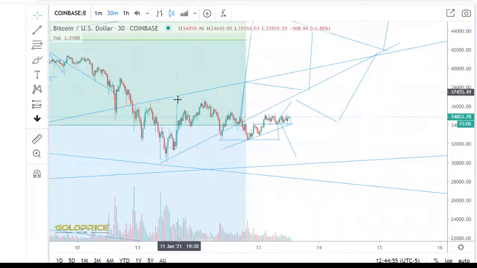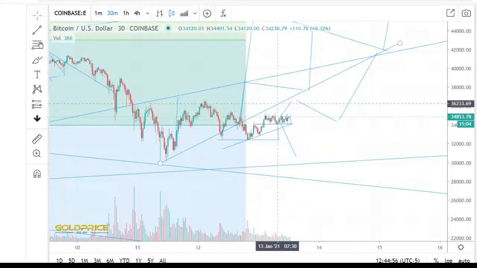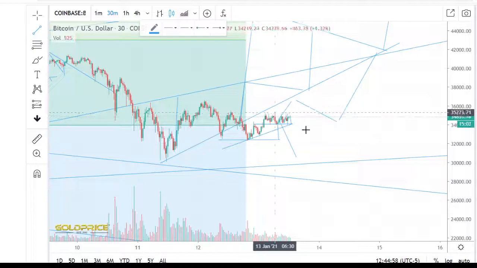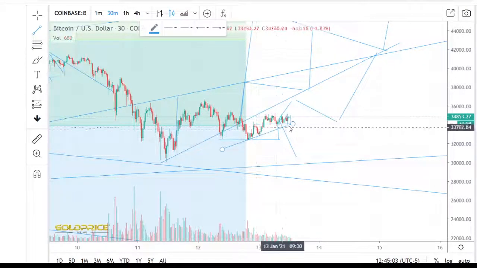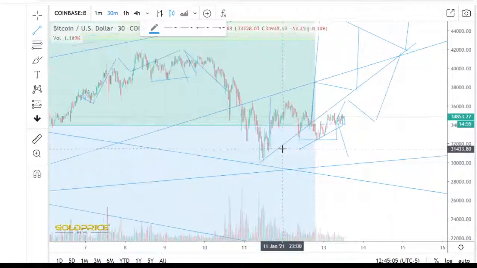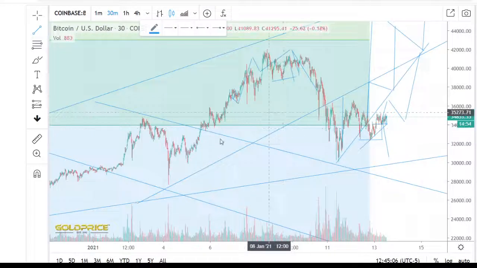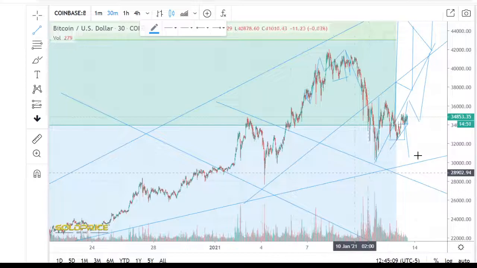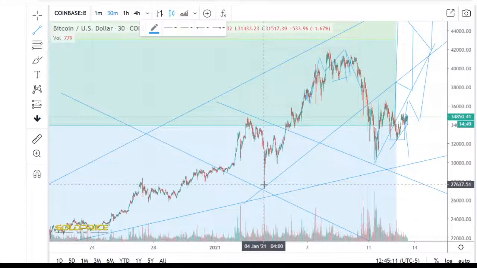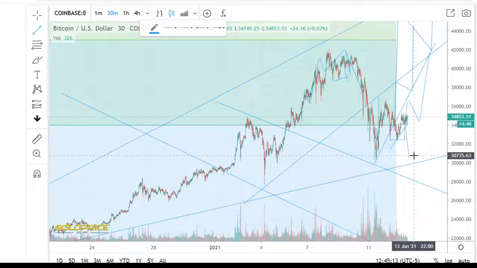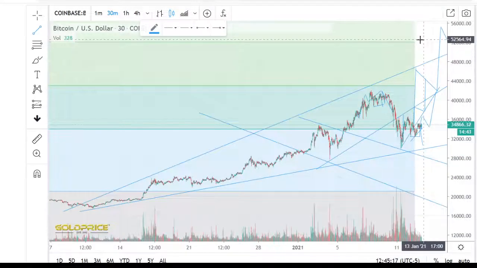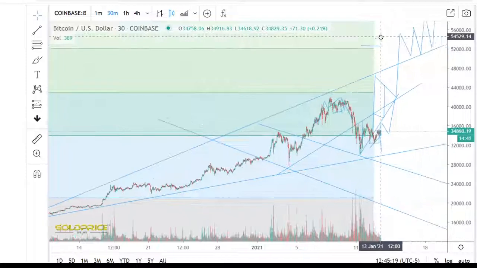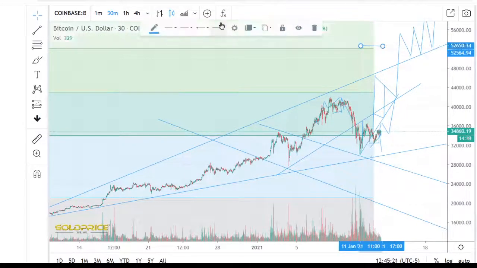I see here left shoulder, head, and the right shoulder, and I think we have the possibility to stay at this trend line, or it can also happen that we stay on this long-term channel here. You see we touch this one time, two time, three time maybe, and let's look how the price will go to the top side.